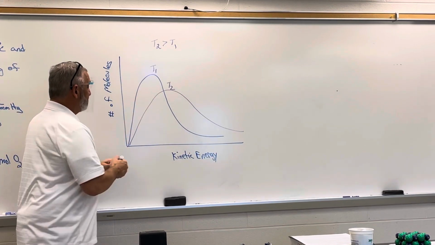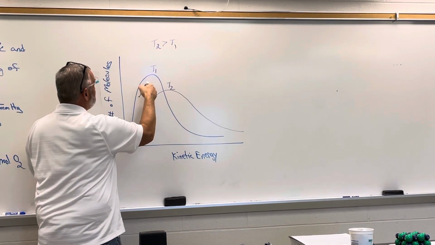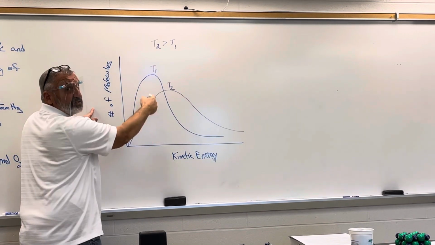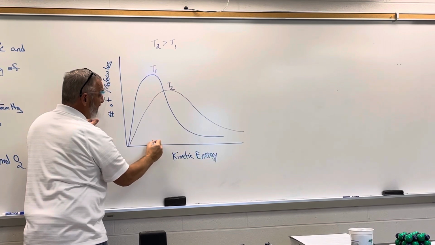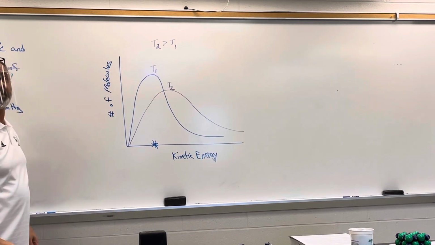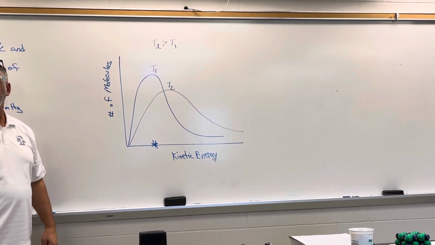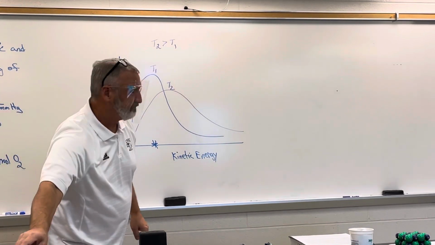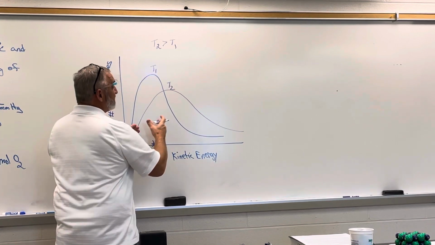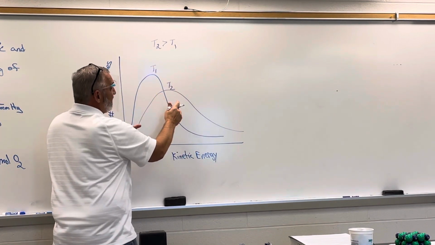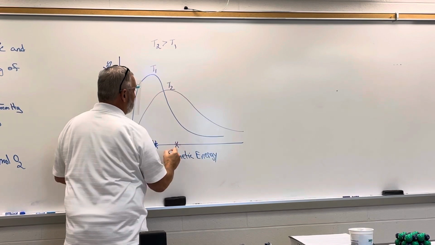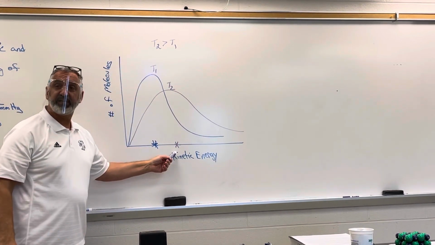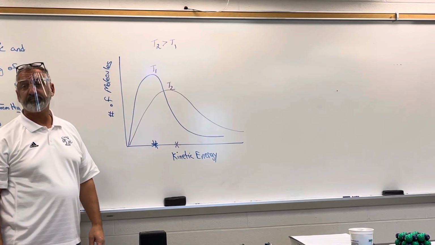But there's an average. So right here, where the peak is, that means the number of molecules, the area under this curve, is the greatest, which means they have a kinetic energy somewhere around here. That's the average kinetic energy. Whereas this one now is moved to the right. We've heated it up. We've extended the range so the peak comes down a little bit, but my average is still right below the tallest part of the peak. So I've increased the average kinetic energy by increasing the temperature.